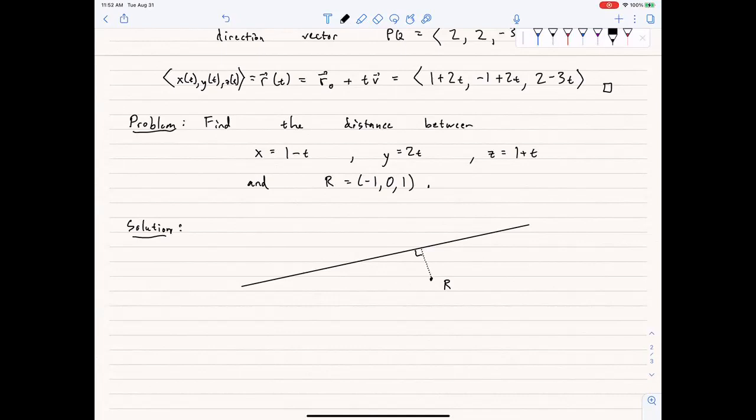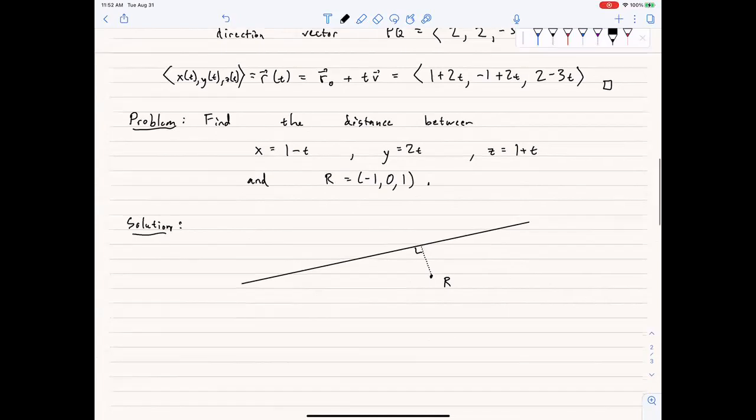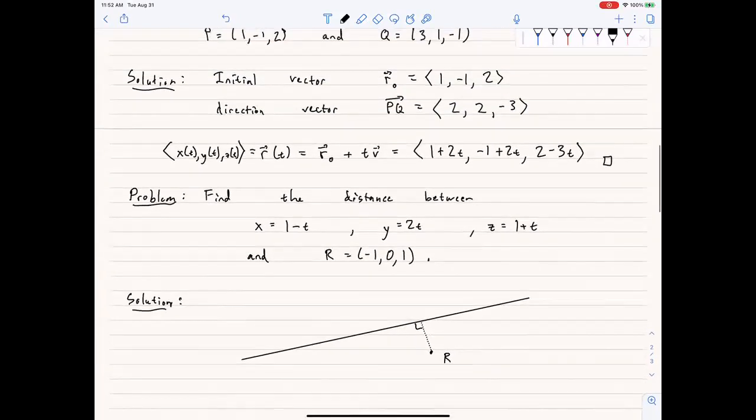Well, you can reverse this process. A second ago we did a problem of finding an equation for a line. But if you're given an equation for a line, you can pull out an initial point and a direction vector from those equations. So you can reverse that process. How do we do that?